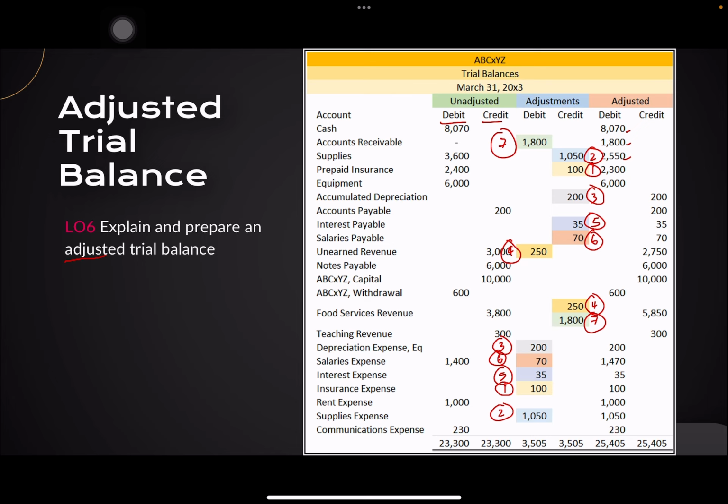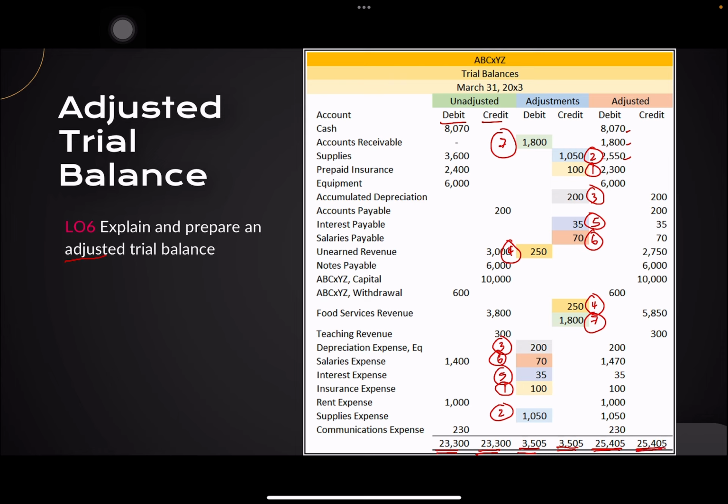For your unadjusted trial balance, you have a total of 2,300 for your debit and your credit. And your total debits for your adjustments was 3,505, and your total credits was 3,505. From this, your adjusted trial balance should be equal, in a way that your debit and credit would show the same figure of 25,405.